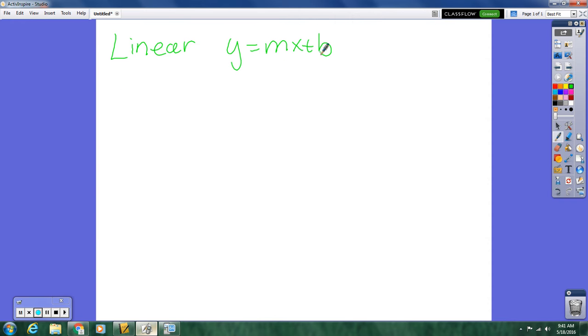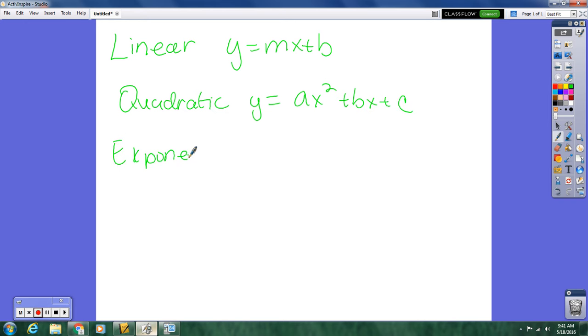And we've got the quadratic, which is y equals ax squared plus bx plus c, and the exponential, which is y equals ab to the x. Those are the three things we've been working mainly with, right?